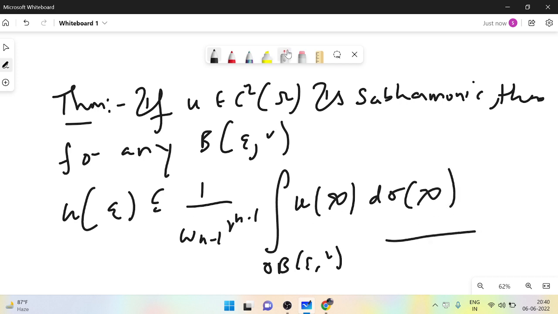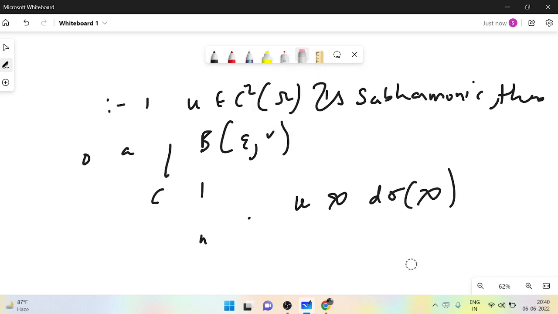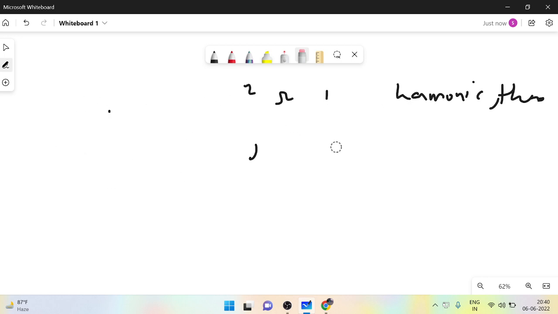So for subharmonic functions, the value is less than the average taken by the integral.